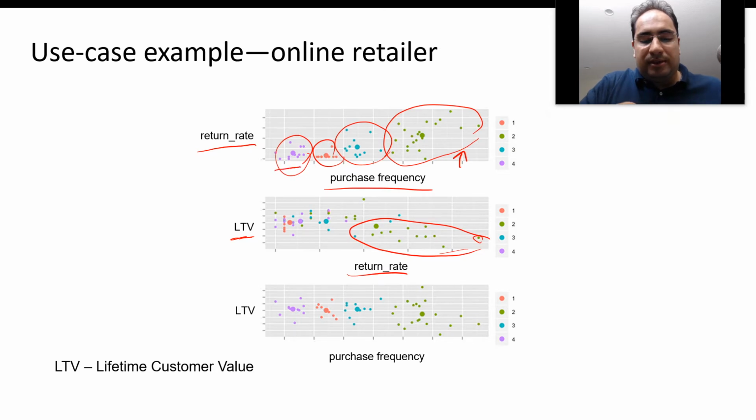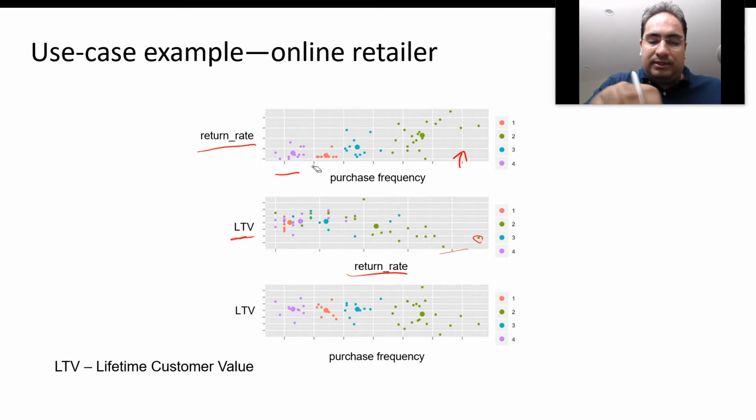Some groups of customers do not purchase a lot of items, but they return less as well. People who purchase a lot return more, and the lifetime value of those customers might not be that ideal. So these are different groups that you could see and find.